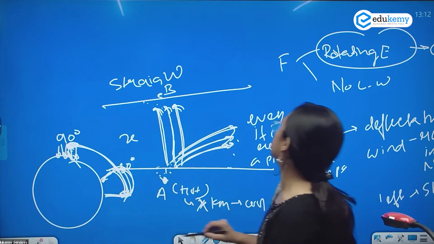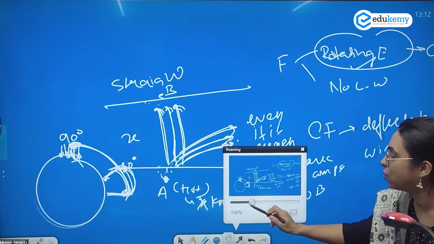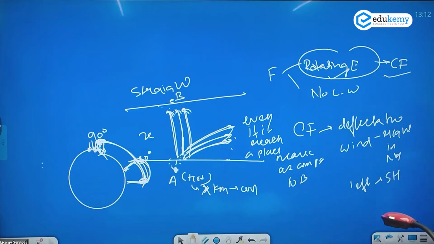So there are two things. One is the rotating earth. He assumes rotating earth, and therefore he assumes for Coriolis force, and he says that there is no land water differential.